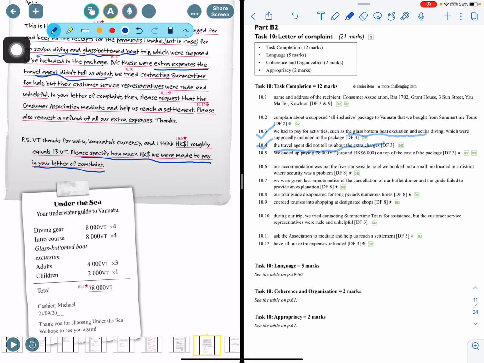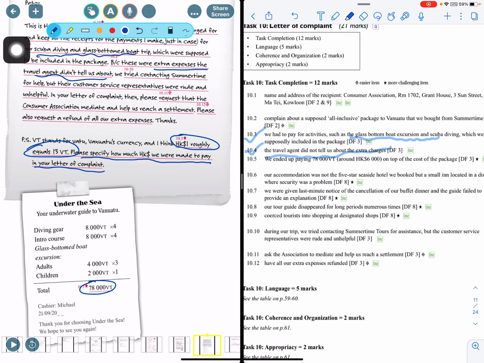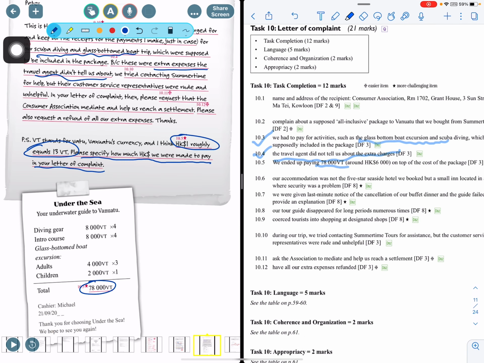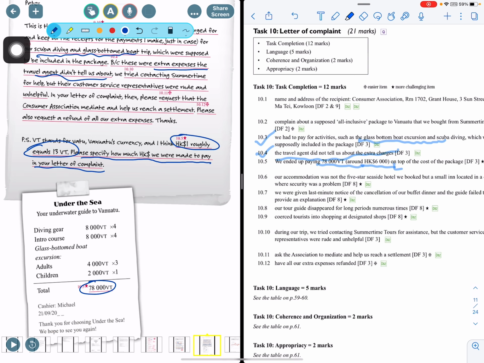So Hong Kong dollar, $1 is roughly 13 VT, so you just have to divide by 13, and that's the number you put down. So you expect to write 78,000 VT, or around $6,000 Hong Kong dollars, on top of the cost of the package.